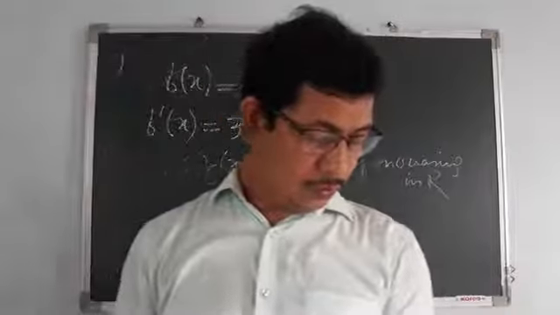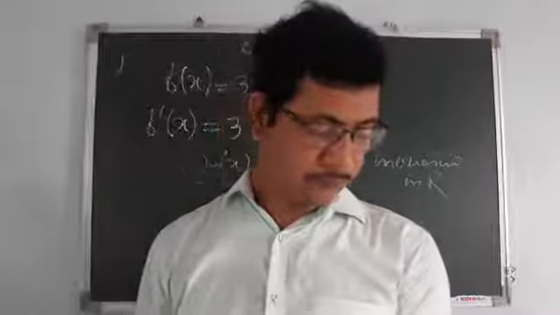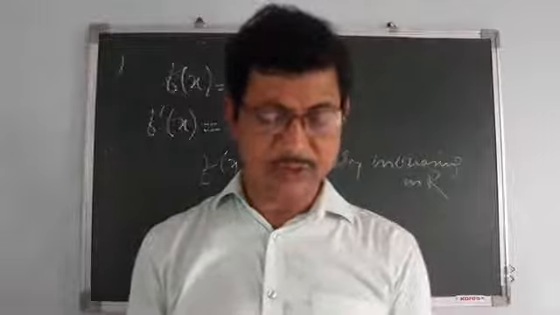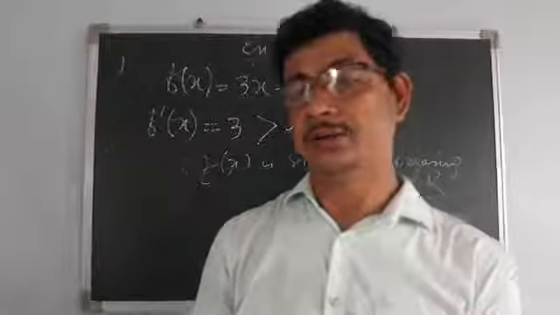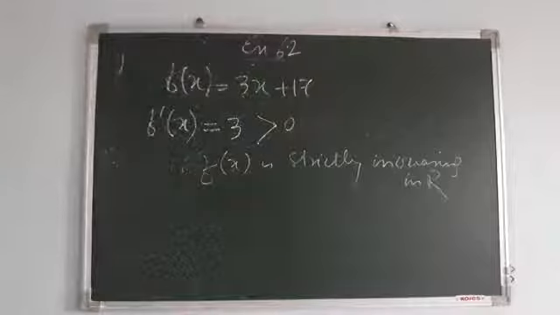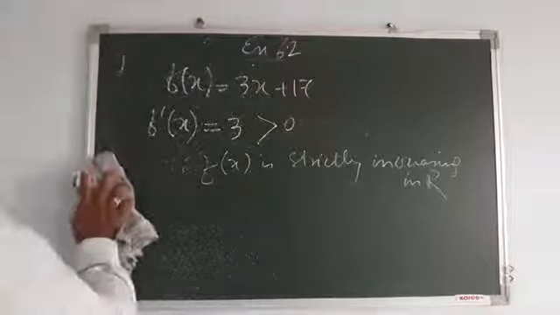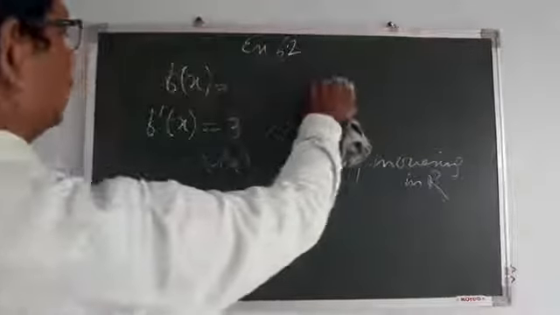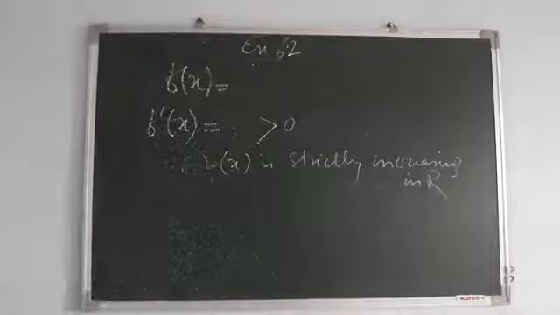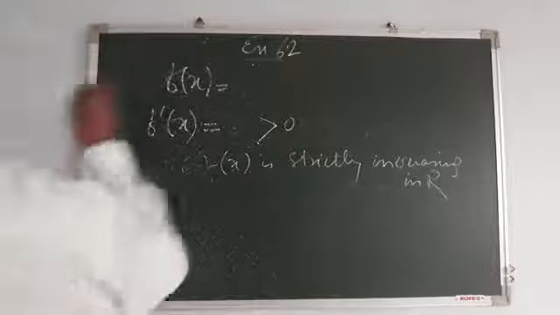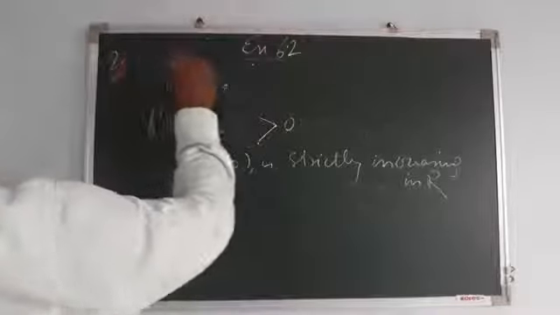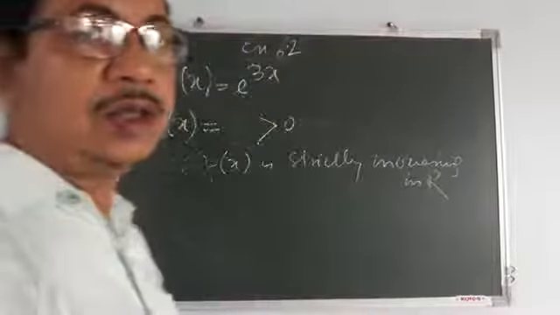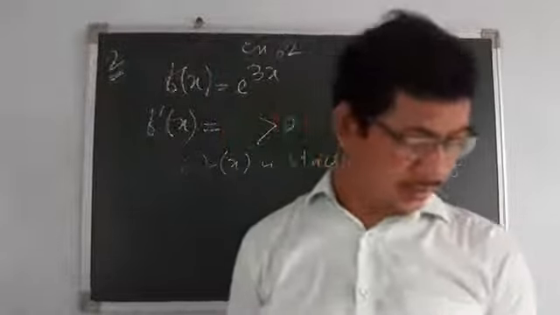Now we will do question number 2. Show that the function given by f(x) equal to e to the power 2x is strictly increasing on R. So in question number 2, f(x) is e to the power 3x.